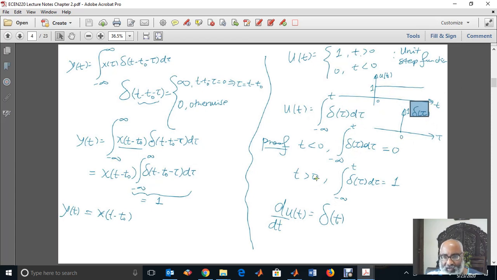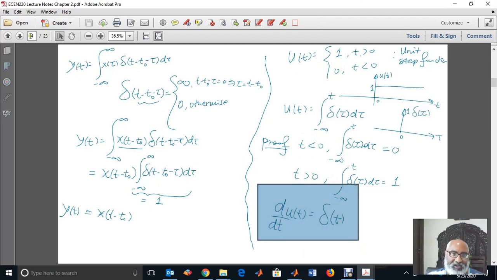This is actually a proof why the unit step is equal to 1 for t greater than 0 and 0 for t less than 0, because the unit step is given by the integral from minus infinity to t of Dirac delta of tau d tau, or the derivative of the unit step function is the unit impulse function.